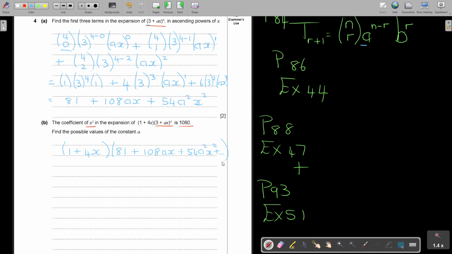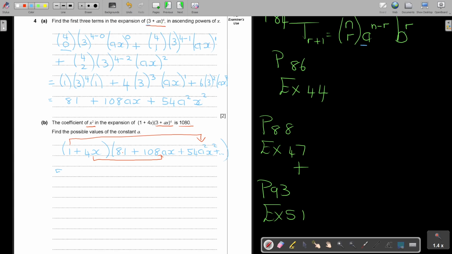Okay, so now I must think, if I multiply, what will give me x squared? If I multiply 1 with that, I will get an x squared. If I multiply with the first term, no. But if I multiply this one with this, I will get an x squared. And I only look for the terms with an x squared. So I start and multiply.